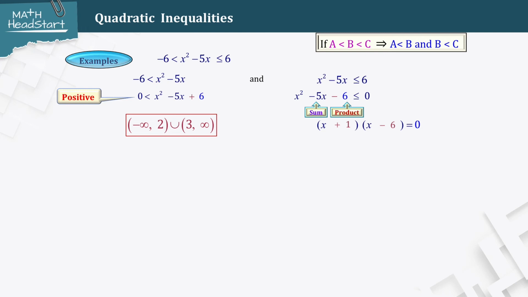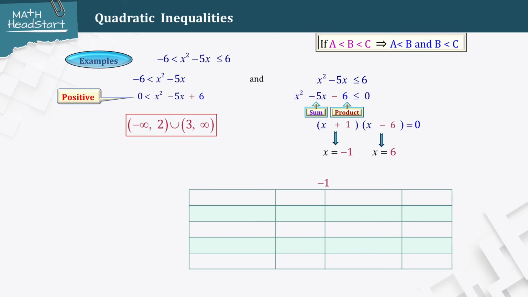Then find the roots by letting each factor equal 0. We found two roots as -1 and 6. Let's make use of these roots to create the intervals by making a table.